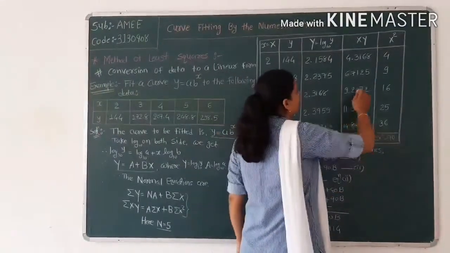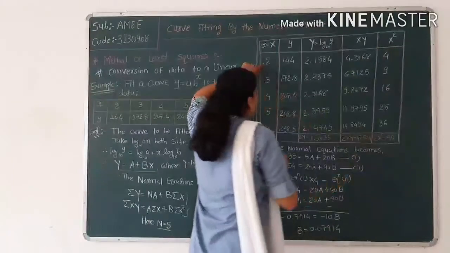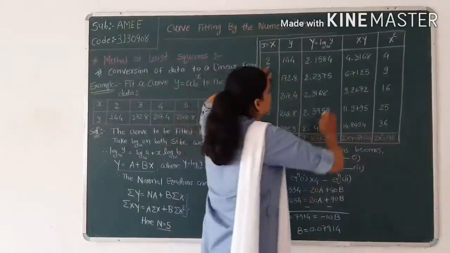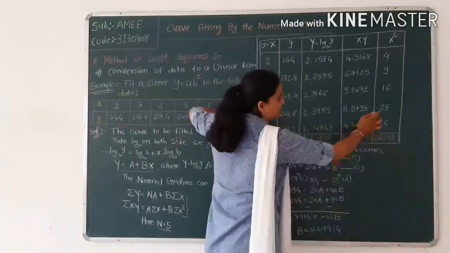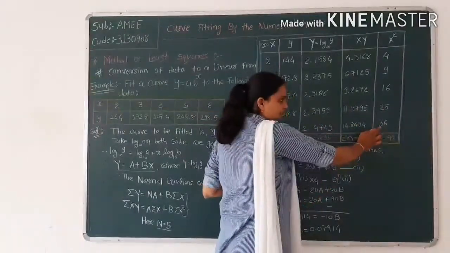And we square x to get x square: 2 square is 4, 3 square is 9, 4 square is 16, 5 square is 25 and 6 square is 36.